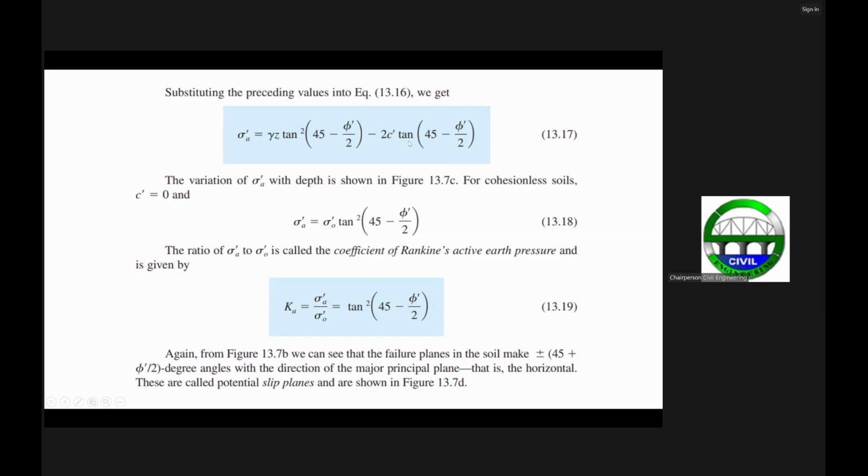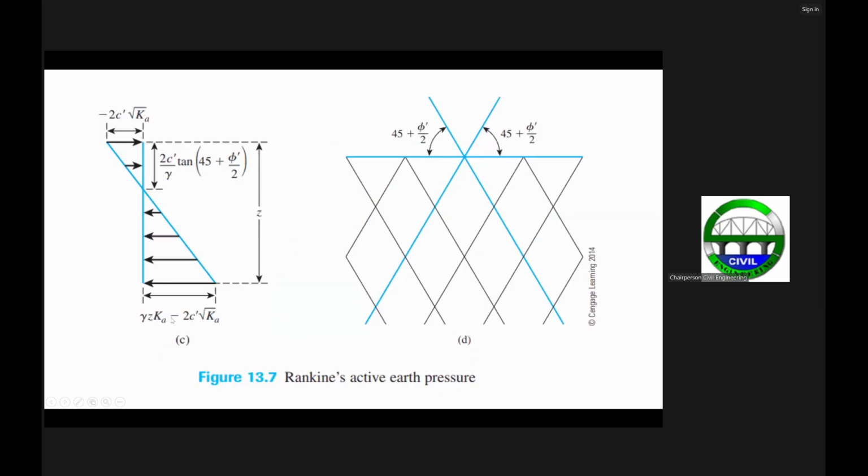So if you want to get tangent, then you take the square root of K sub a. And then there is some part in your wall wherein you have a zero active earth pressure at a certain depth equal to this one. And from that inflection point, you have this value here.